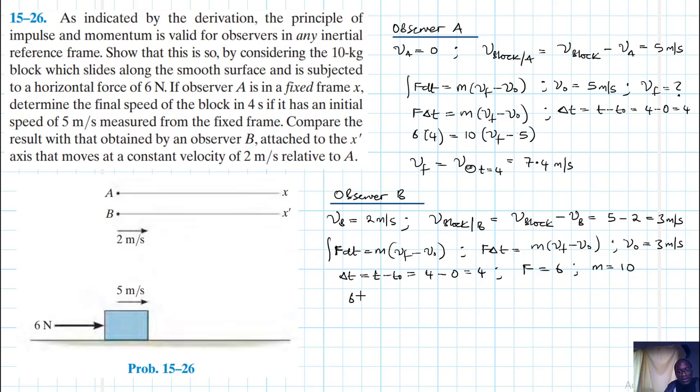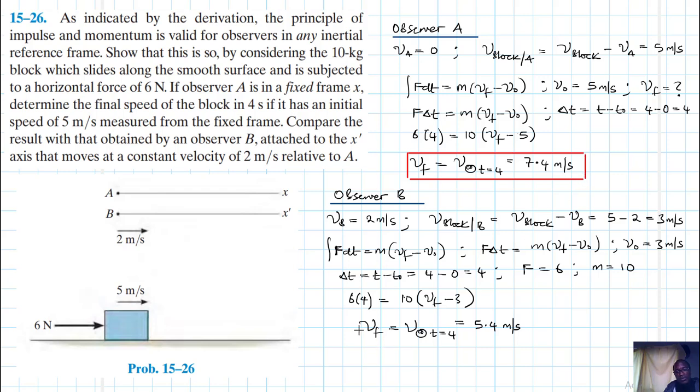So we can just say 6 times 4 is equal to 10 times (v final minus 3), and therefore our v final, which is v at t equal to 4 seconds, is just going to be equal to 24 divided by 10 plus 3. This gives us 5.4 meters per second.